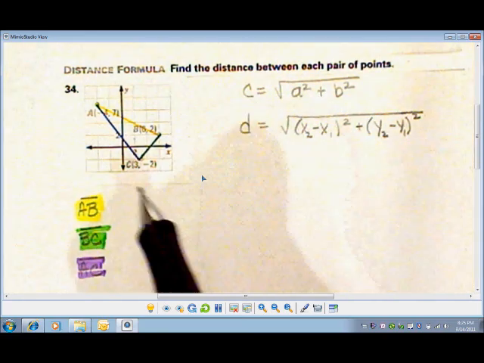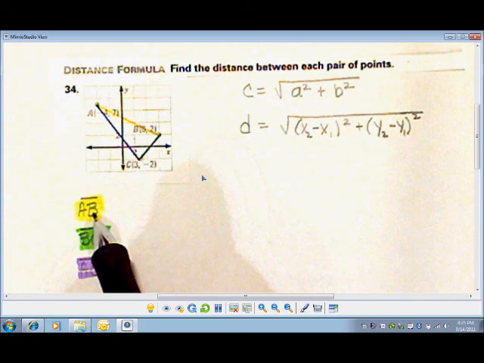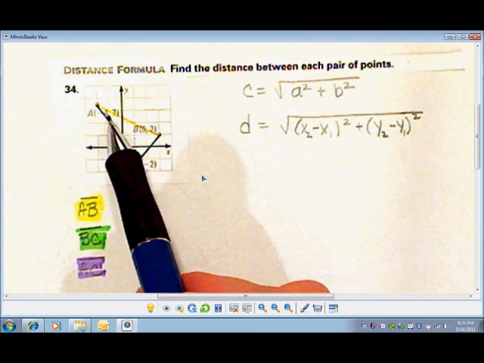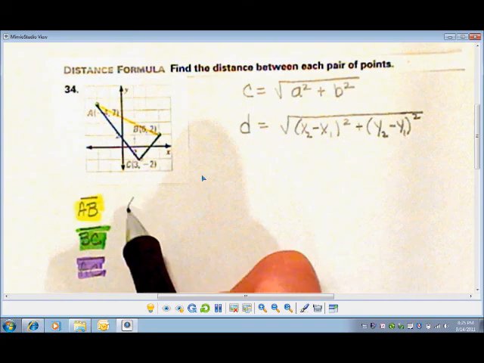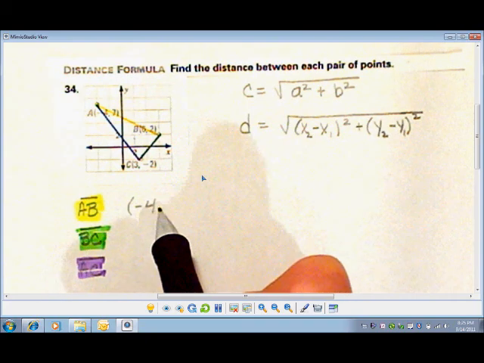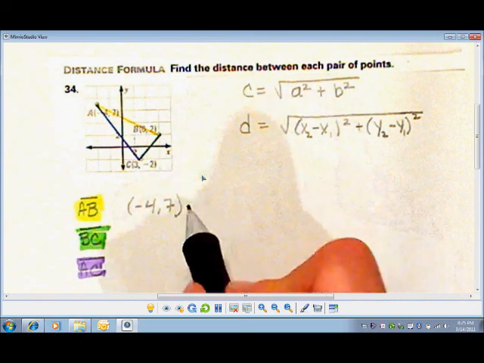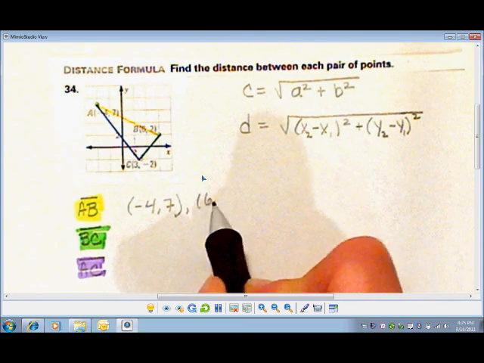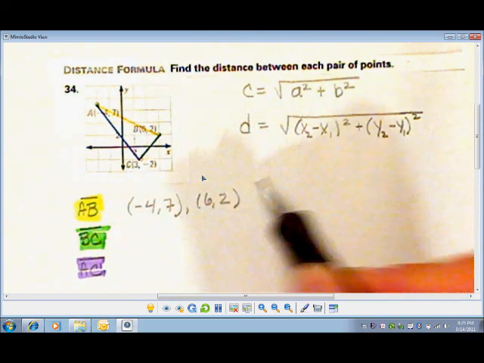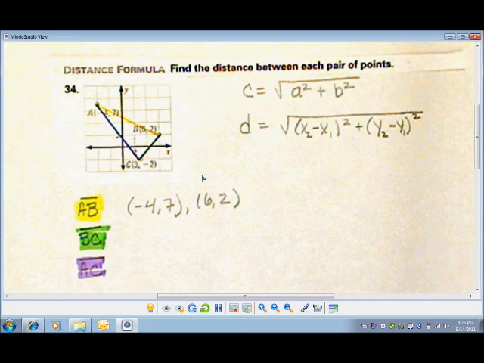So what do we know about segment AB? Well, we know segment AB starts at A, which is the coordinate -4, 7 and ends at B, which is the coordinate 6, 2. Okay, let's just do that much right now.